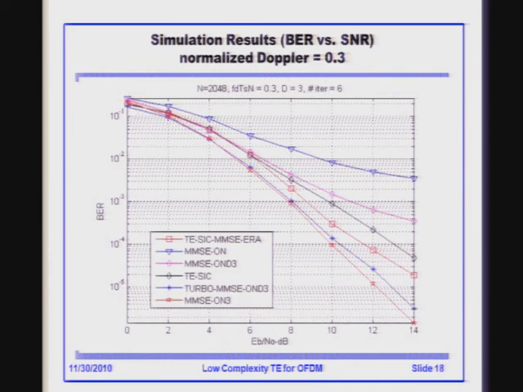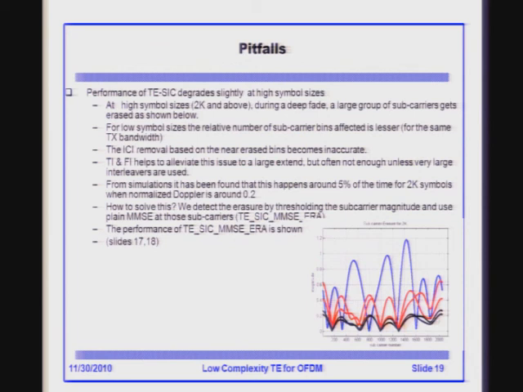And the results are progressively clearer as we go higher in Doppler. Now here is the pitfall of our scheme. When your symbol sizes are pretty high and there is Doppler, you will see a lot of bins getting erased in a group when you have a strong fade. Because of that, a lot of channels are getting erased, and when you compute the ICI for removal, that computation will be very insignificant and often inaccurate.